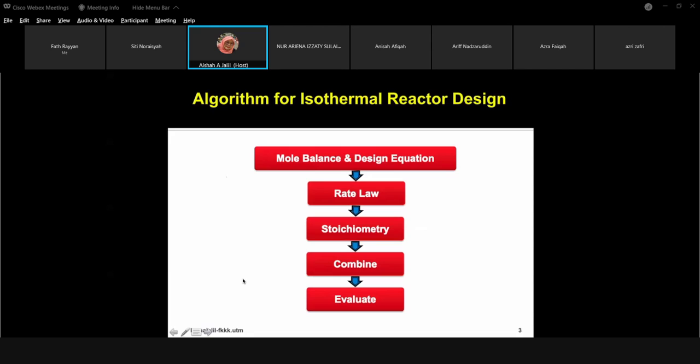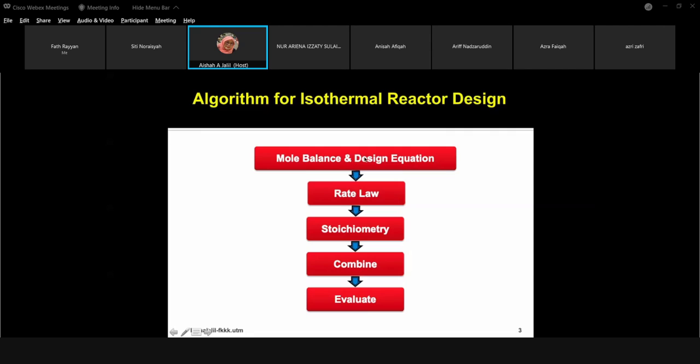What you will have in this chapter: algorithm for isothermal reactor design, or sequence for the isothermal reactor design. As usual, as you know from chapters 1 to 3, the first one you have the mole balance for all the reactors, or design equation, where you want to calculate the V or the time.